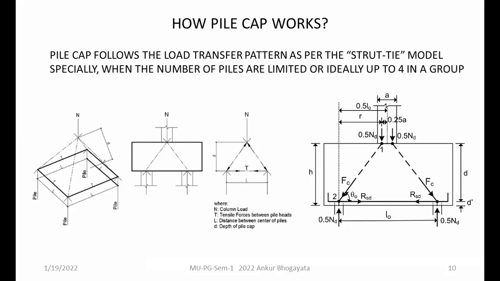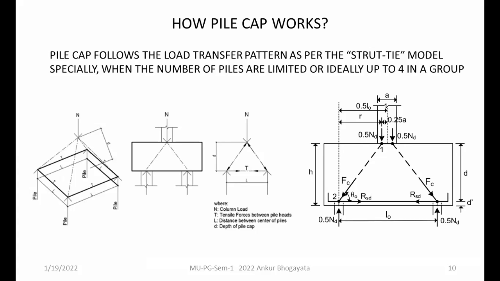So the pile cap follows the load transfer pattern as per the strut and tie model, especially when the number of piles is limited, or ideally up to four in a group. So the strut and tie model is ideally suitable when there is a limited number of piles. But let us say you have 10 piles or 12 piles in a pile cap.